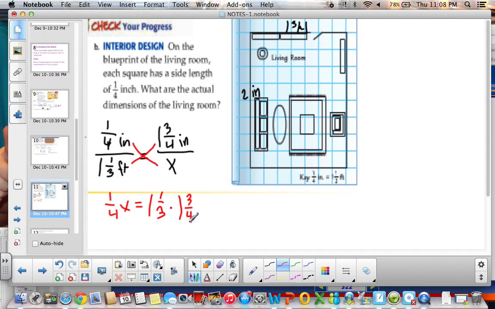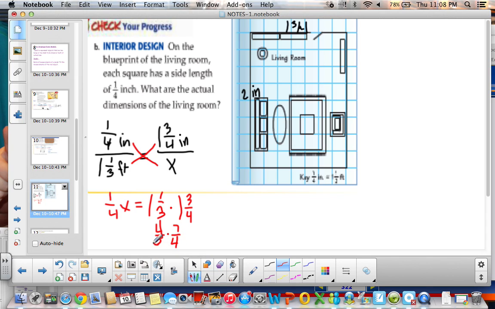Okay, so we are going to multiply this out. To multiply fractions, we need to change them to improper fractions. So 3 times 1 is 3 plus 1, so we have 4/3. And then we have 4 times 1 is 4 plus 3 is 7/4.